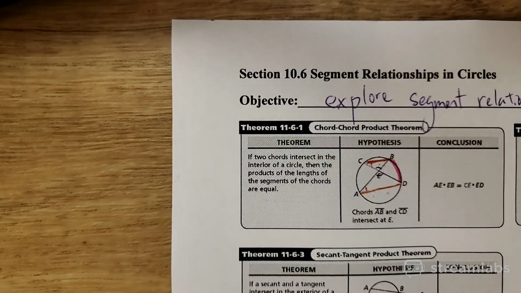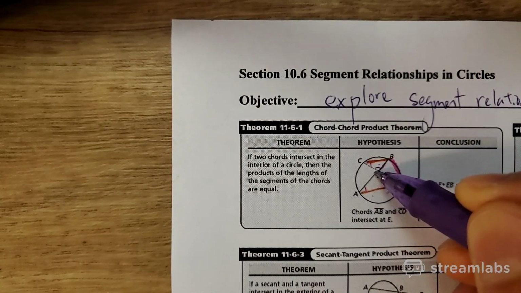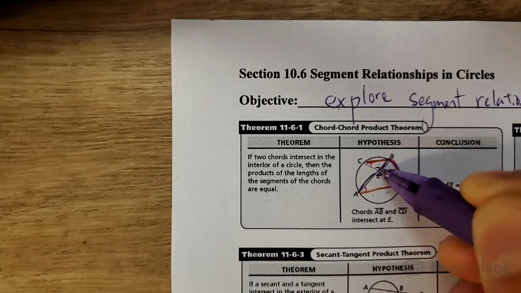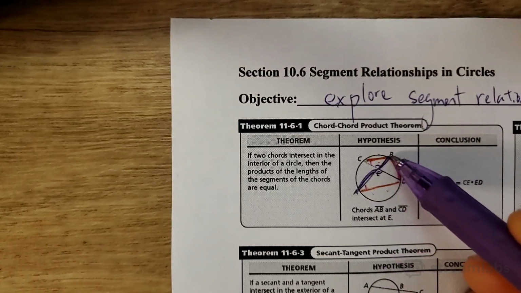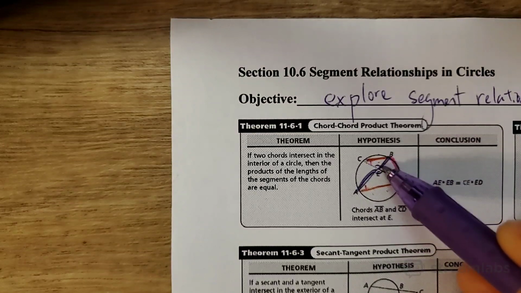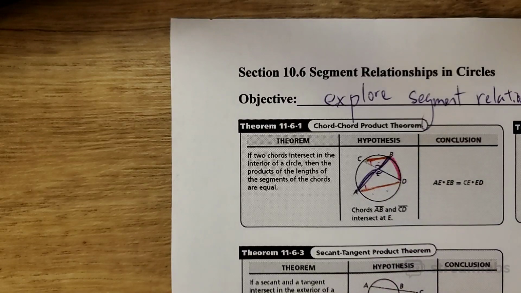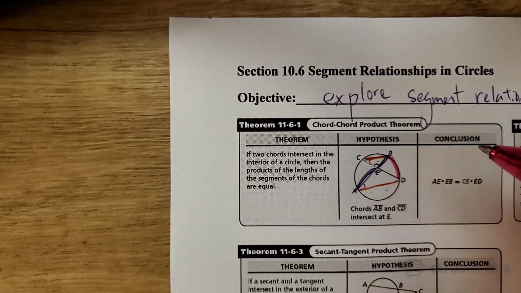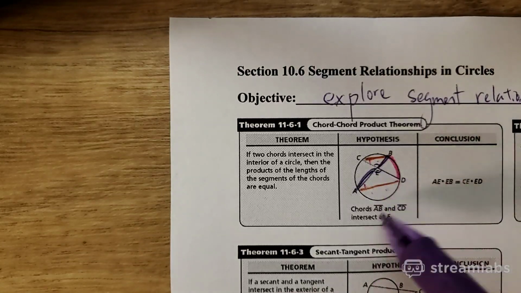Now, if they are similar, then we can use proportions to get their side lengths. Let's look at this.